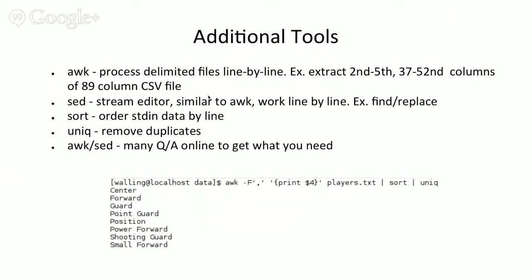Awk and sed are again very esoteric in the syntax that they use, but extremely powerful. And then some are a little more straightforward, like sort, unique, and so on and so forth. But here's an example of how you would pipe these together on the Linux command line. Here I'm printing out the position of each player in my data file, then sorting those entries, and then only returning the list of unique entries.